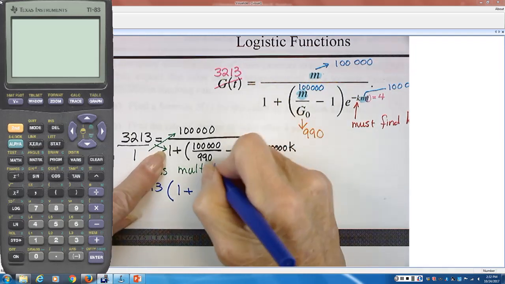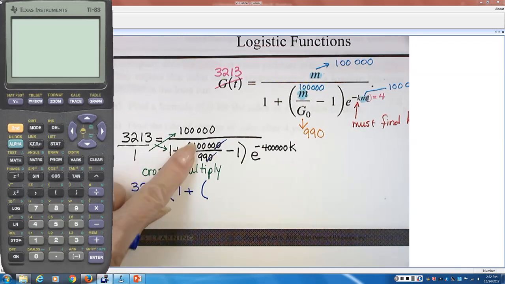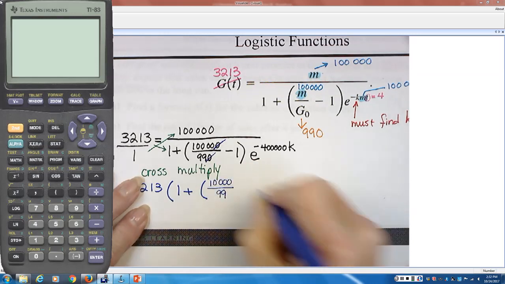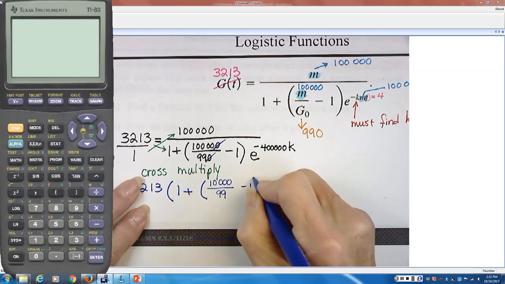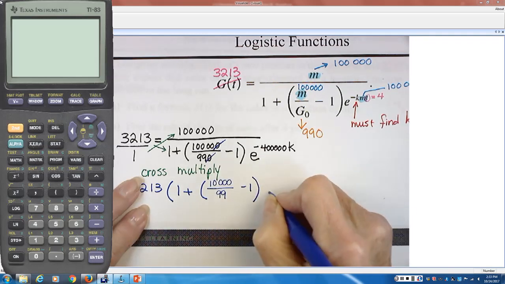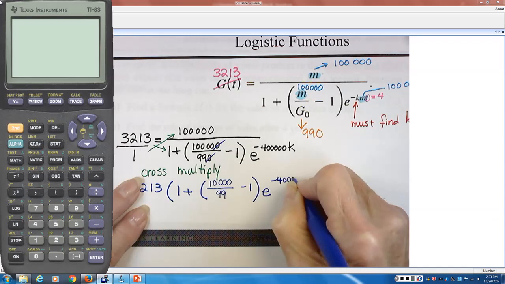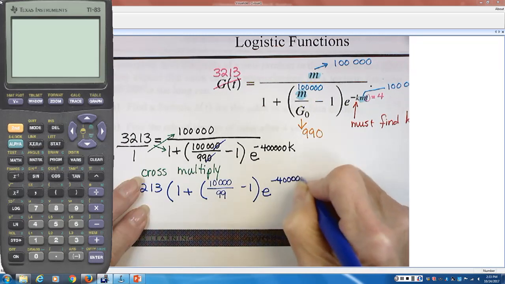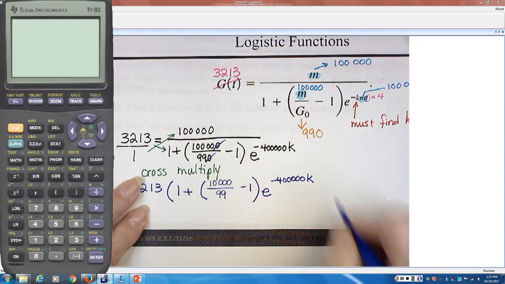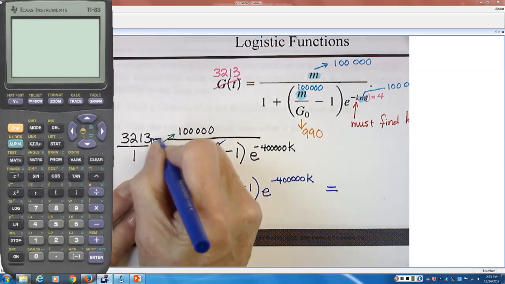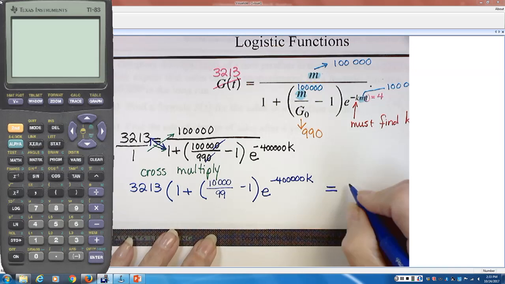Let's lop off those two zeros, so that's going to be 10,000 over 99, minus 1 times e to the negative 400,000 K is equal to, because this is the cross this way, 1 times 100,000.